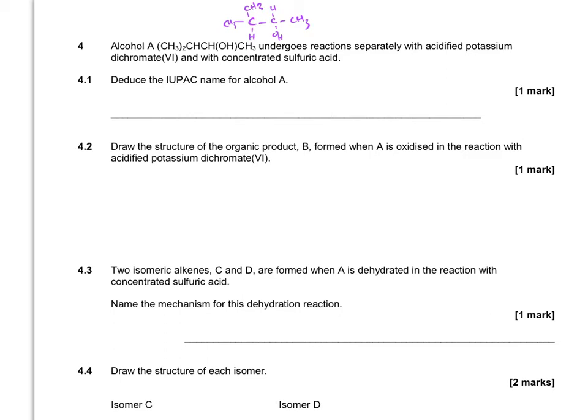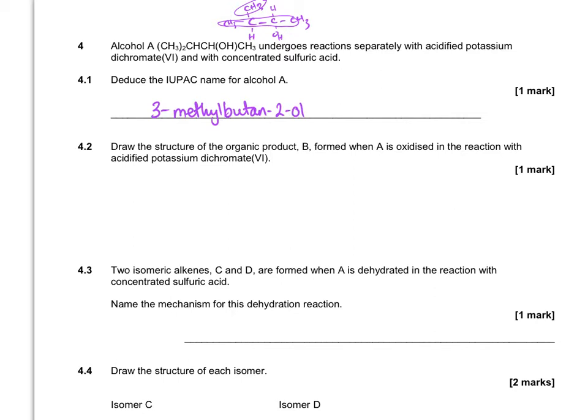Okay, we've got 2 groups. I'm going to let the alcohol take priority. So this is our longest chain, which is but-, so we know it's butan-2-ol. Then we've got this methyl group up here, which is going to be on the 3rd carbon. So it's 3-methylbutan-2-ol.